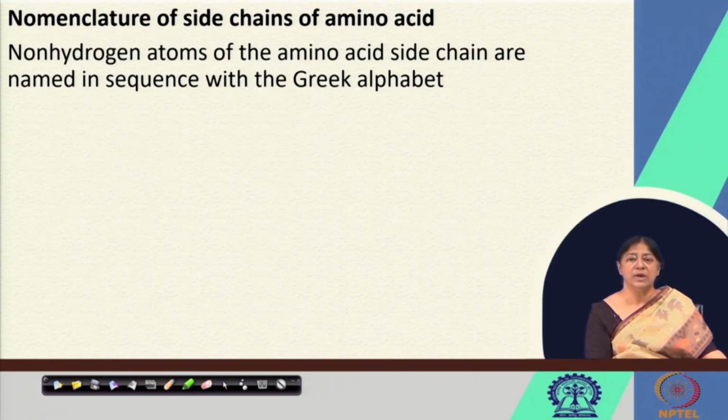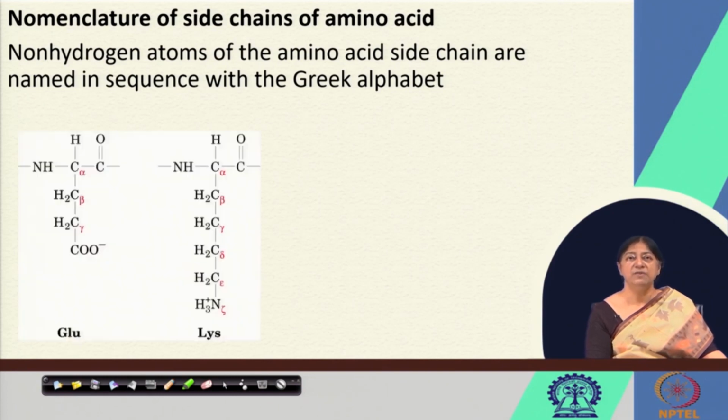When we look at the amino acids, we talk about the alpha carbon, but there are many other atoms and moieties attached to this central alpha carbon, and we have to look at them in terms of a nomenclature, to understand in a universal fashion how we depict these amino acids in general.